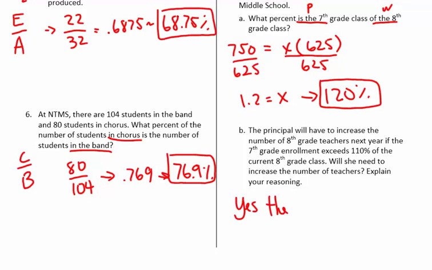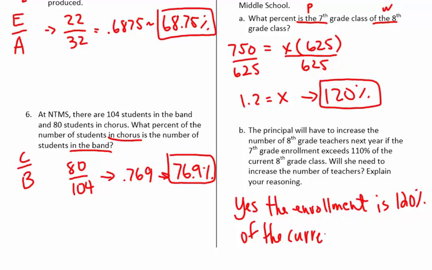Yes, because the enrollment is 120% of the current class. It's more than 110%. We're going to do obviously a lot more with percents. Hopefully we're becoming a little more familiar with them and what the part and the whole is.